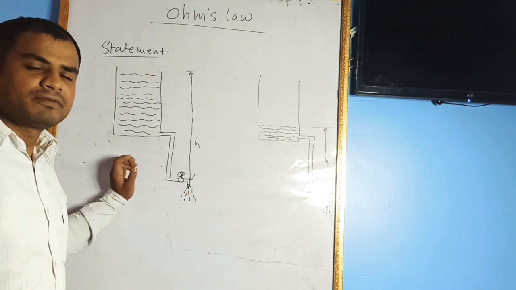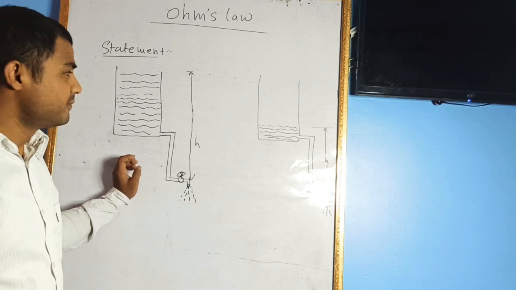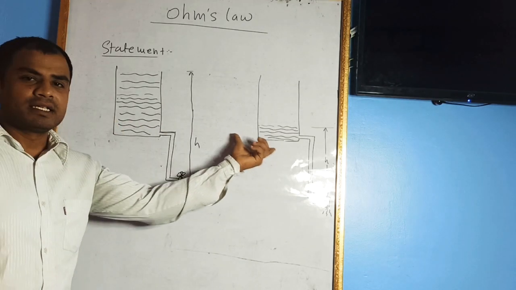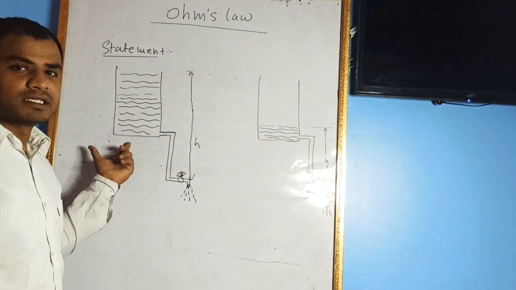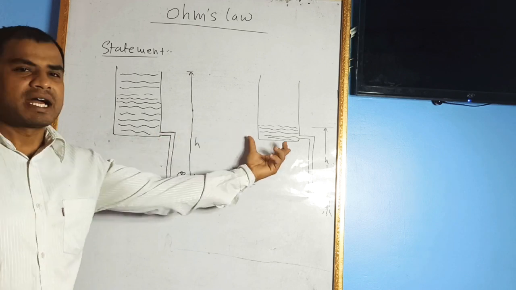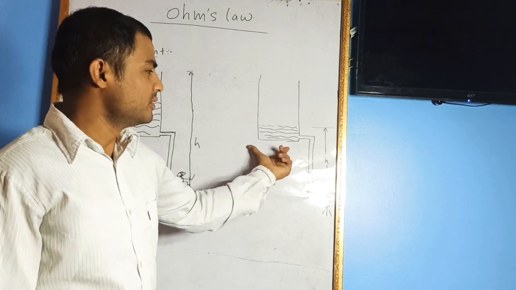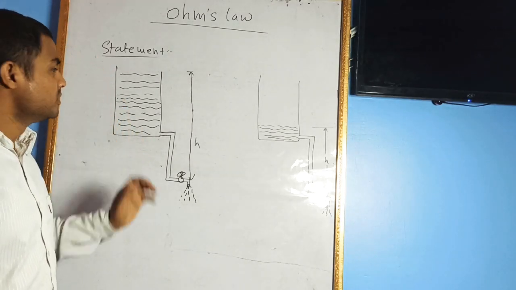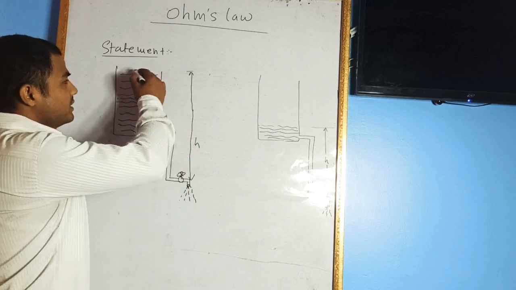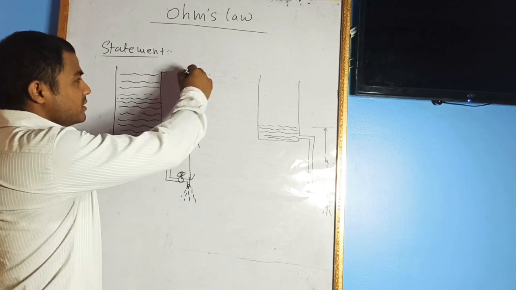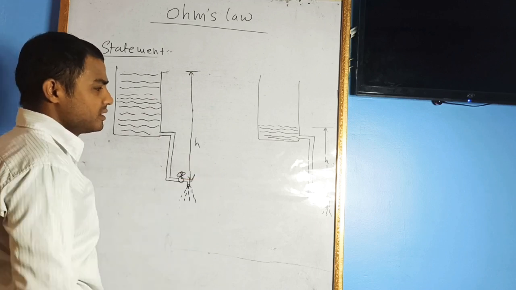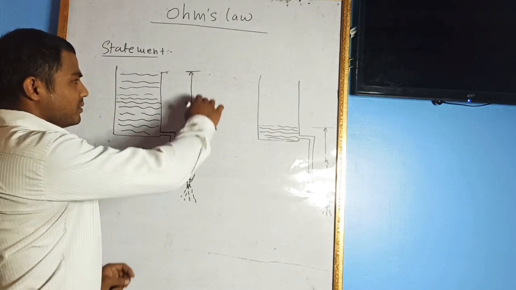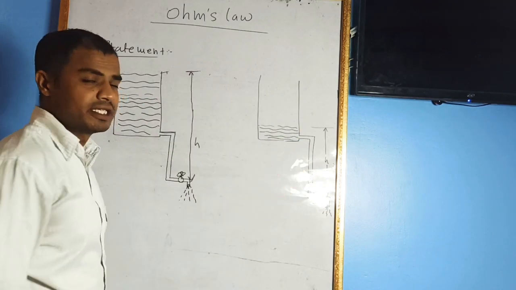Let's clear the concept of the statement of Ohm's law by means of the flow of fluid. Okay, so there are two tanks. Look at here. One is partially filled by water or fluid, and the first one is completely filled. If this is completely filled by the fluid, the height will be much greater than in the second case.